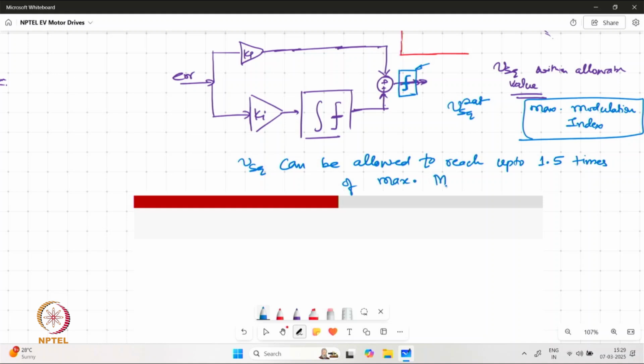In case of linear modulation, we are keeping the saturation limit to 1. So the saturation value for VSQ can be considered as 1.5 on either side. So we have a saturation limit from 1.5 to minus 1.5.